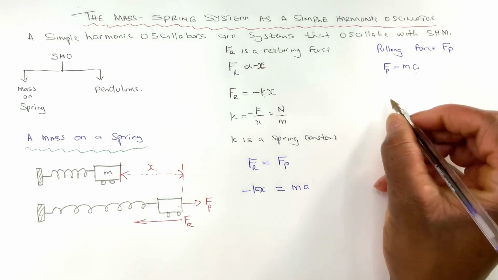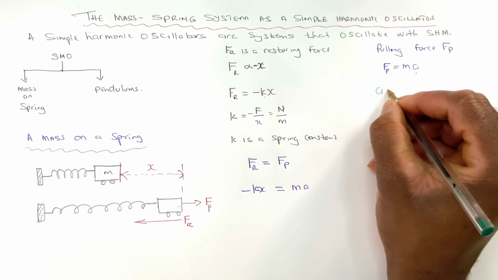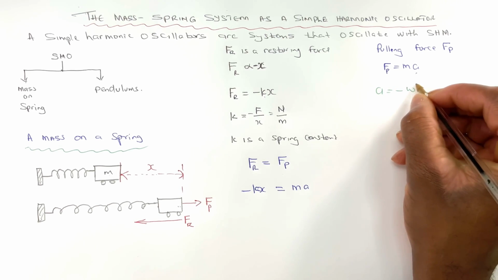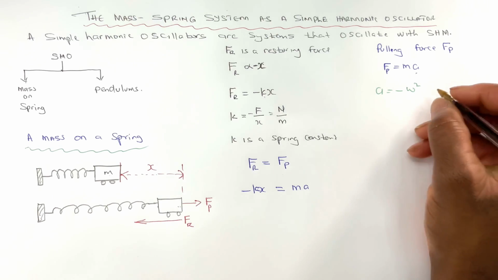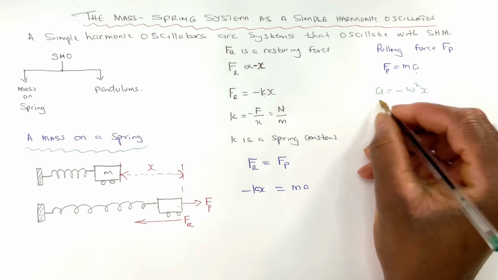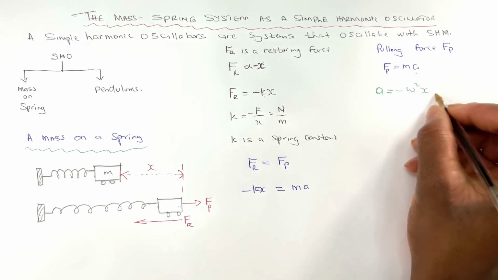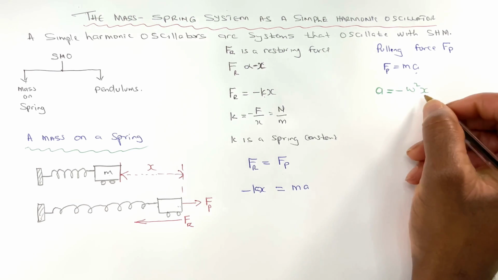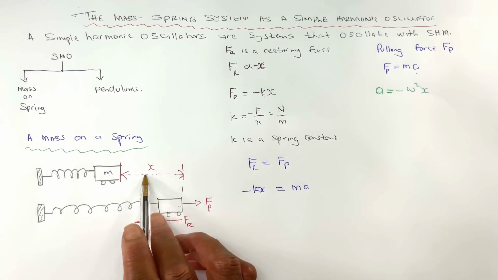But we know what A is. A is minus omega squared X, the acceleration of a simple harmonic motion, minus omega squared X. And we know what X is, that's the displacement.